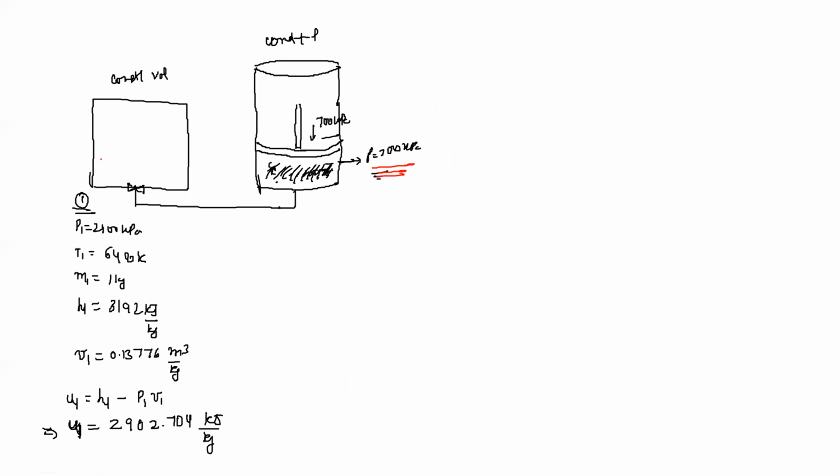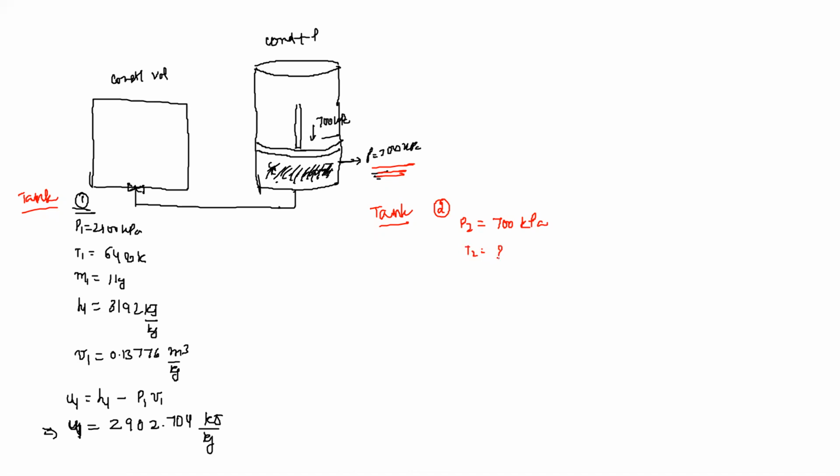Since the pressure has to be uniform, in state 2 we are supposed to have the pressure. This is the state for the tank only: tank in state 1, and this is tank in state 2. Since the pressure needs to be uniform throughout, the pressure in the tank is going to be 700 kilopascal itself.